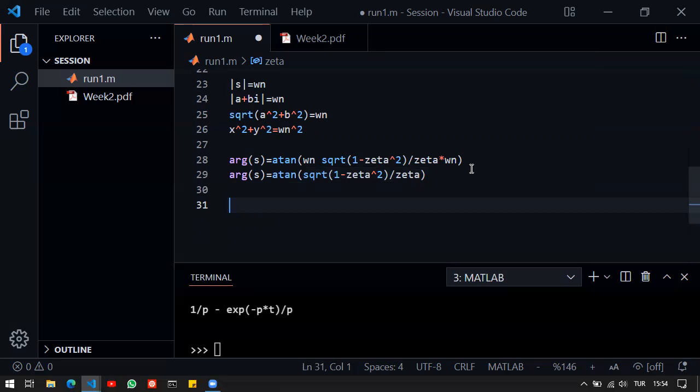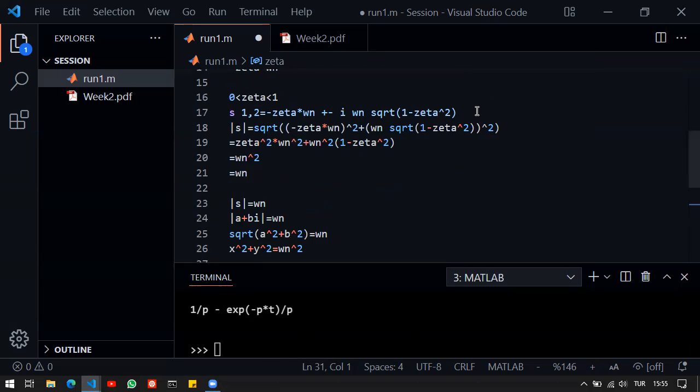So there's this fixed angle, and that is basically represented by a line. So if we're moving on a fixed zeta value, then we're moving on a line. If you have fixed omega n, we're moving on a circle. And if we combine them, we have basically an intersection point that gives us this exact solution here.